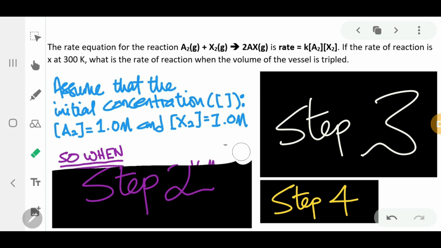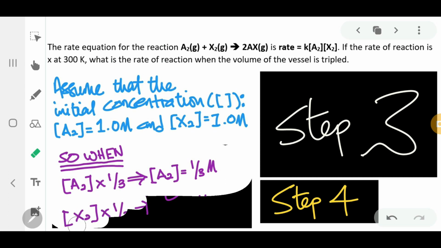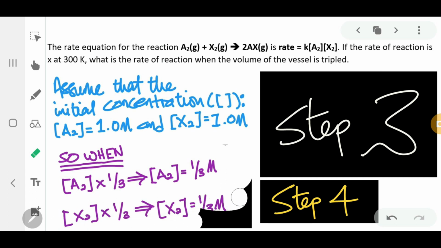And step 2: when concentration is multiplied by 1 over 3, concentration A2 will be 1 over 3 molar, and concentration of X2 will be the same as well, because they have the same initial concentration.